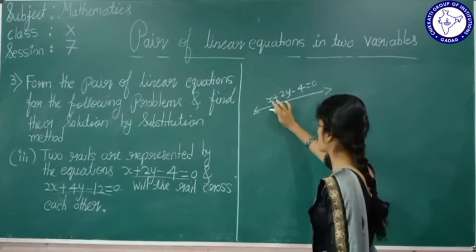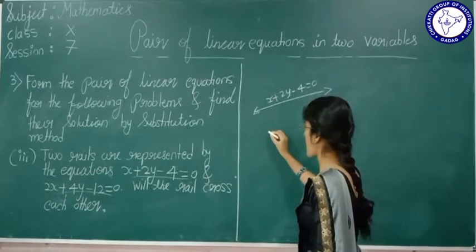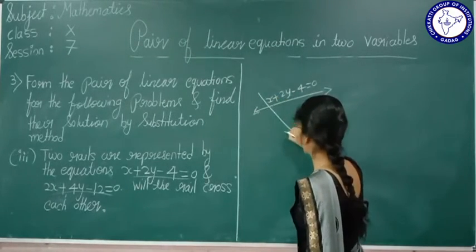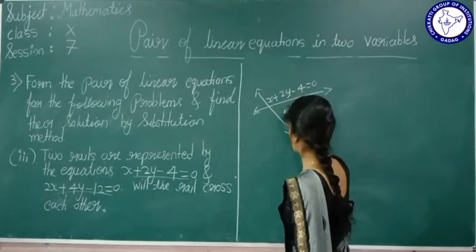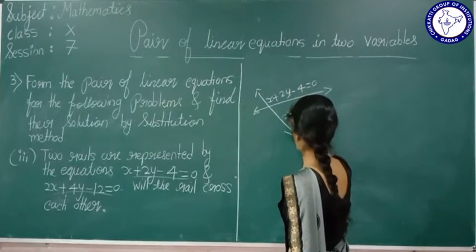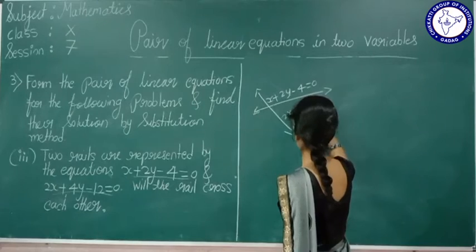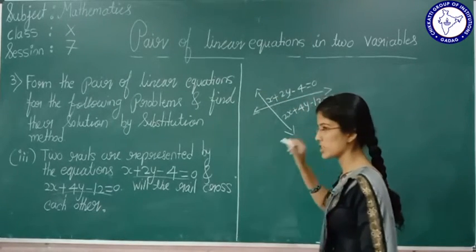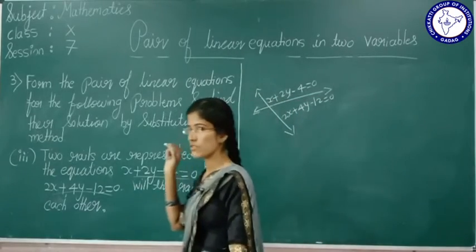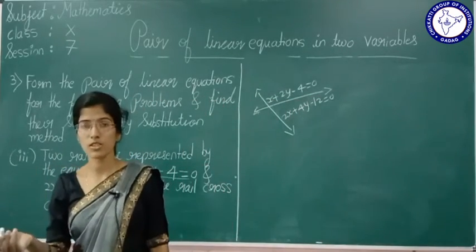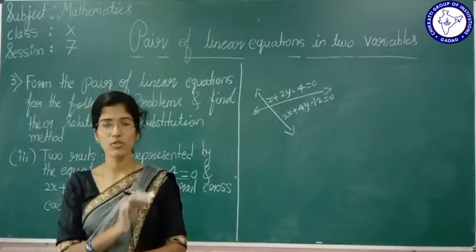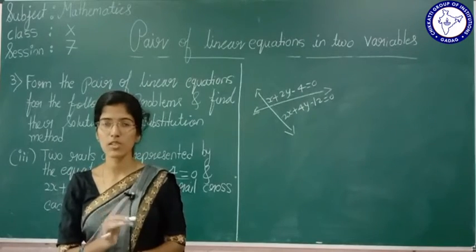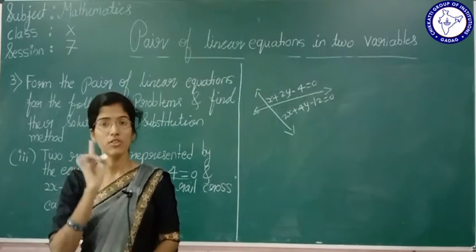This is the line representing the equation, and one more straight line of the equation, that is 2x plus 4y minus 12 is equal to 0. What they ask: will the rails cross each other? When the rails are going to cross each other, definitely they will intersect. Intersect means we should have a unique solution.